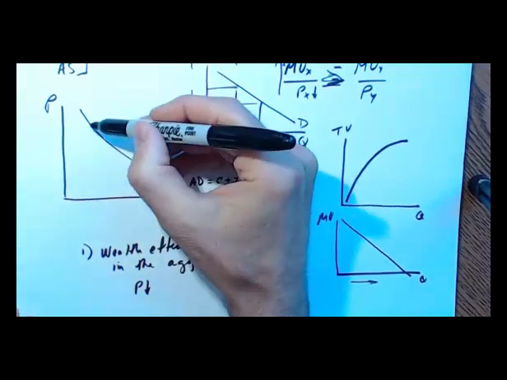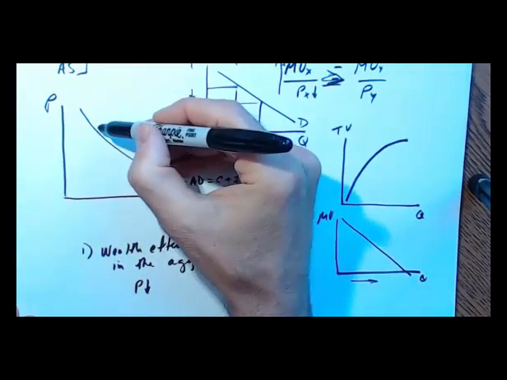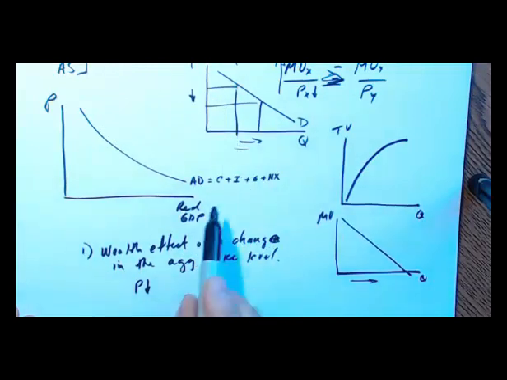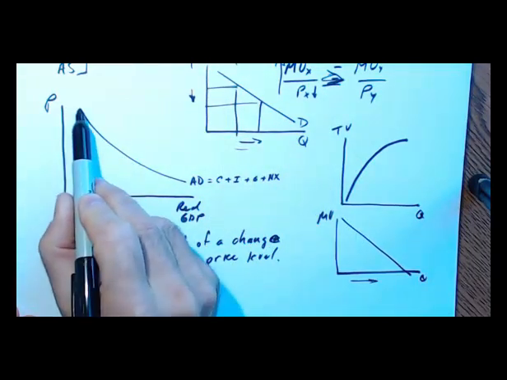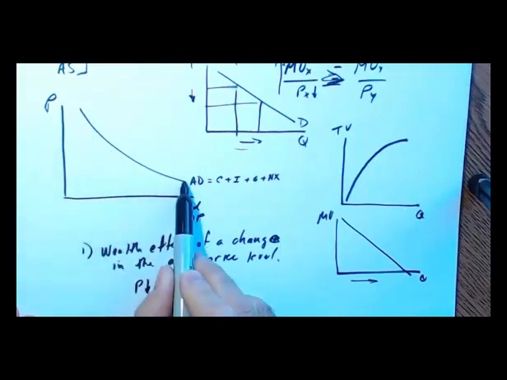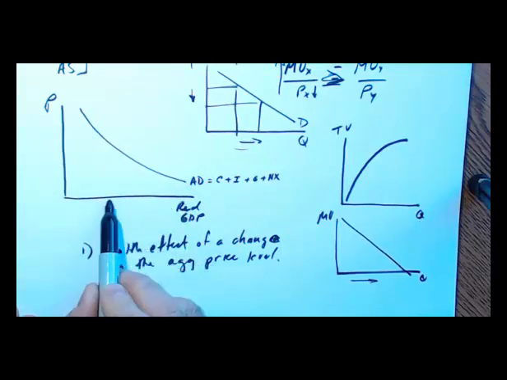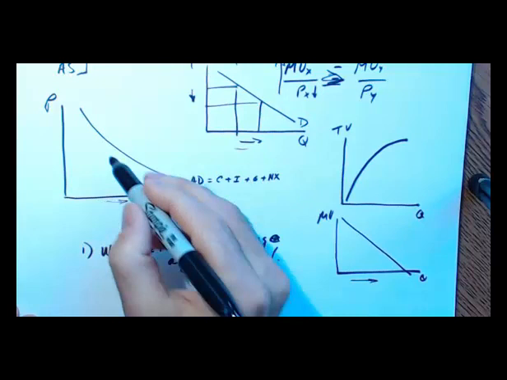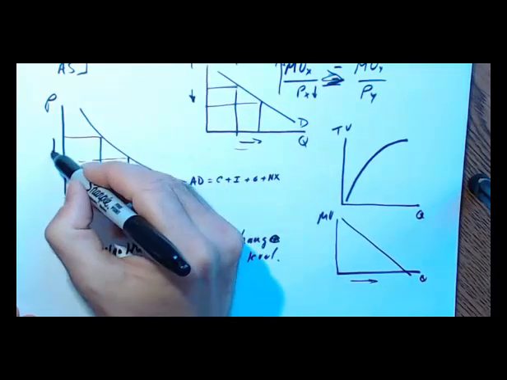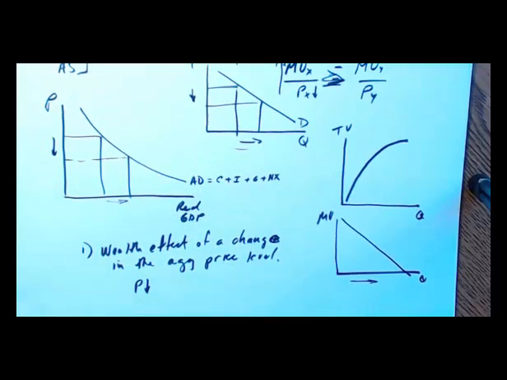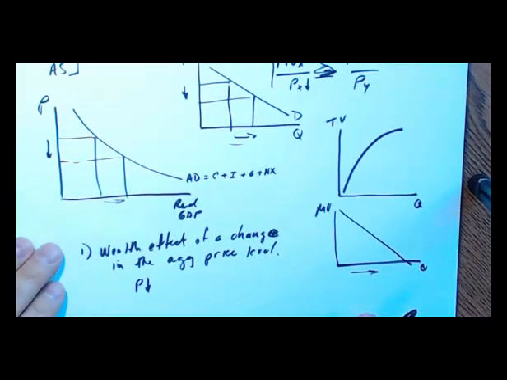So when prices fall, aggregate demand is going to go up. When aggregate prices change, you're moving along this curve, and it's an increase in quantity from a drop in price. Okay, that's the first effect that goes on.